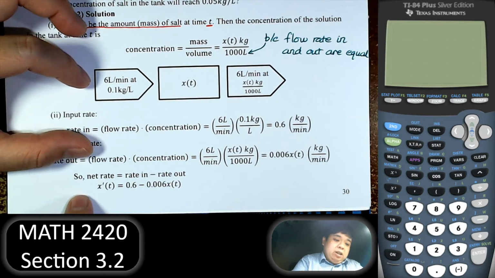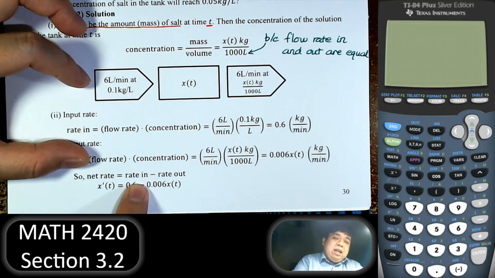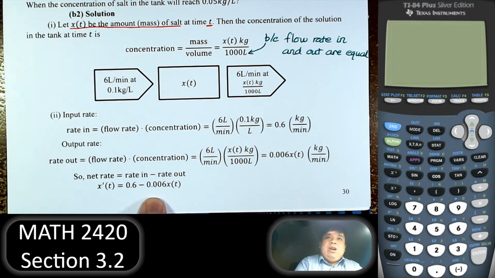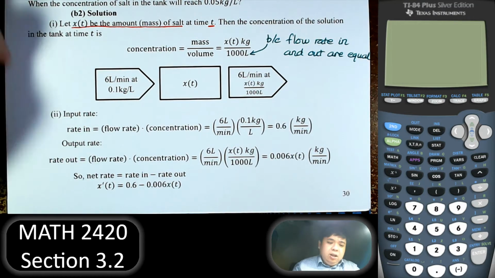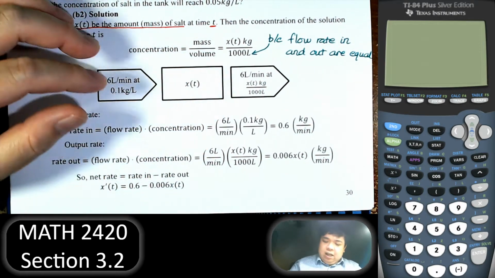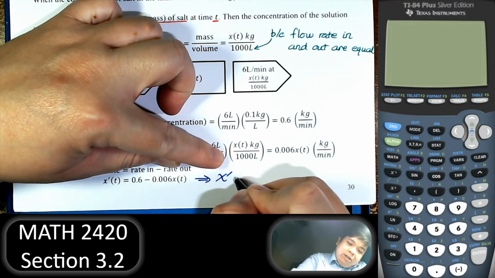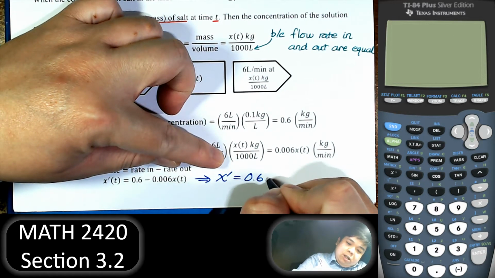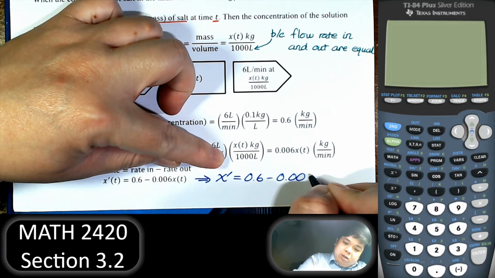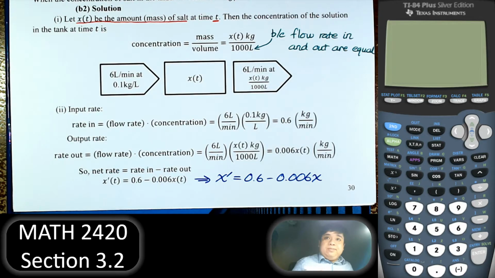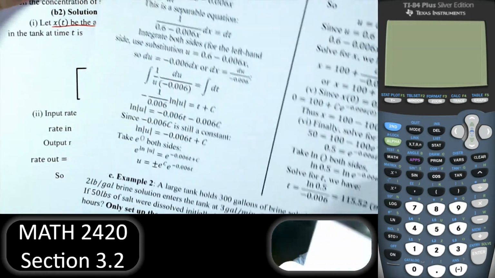And finally, the net rate is the rate in minus the rate out. So subtract that and we have a differential equation. If we drop the t, we just write x derivative is equal to 0.6 minus 0.006 x. So that is the equation. It's not that bad.